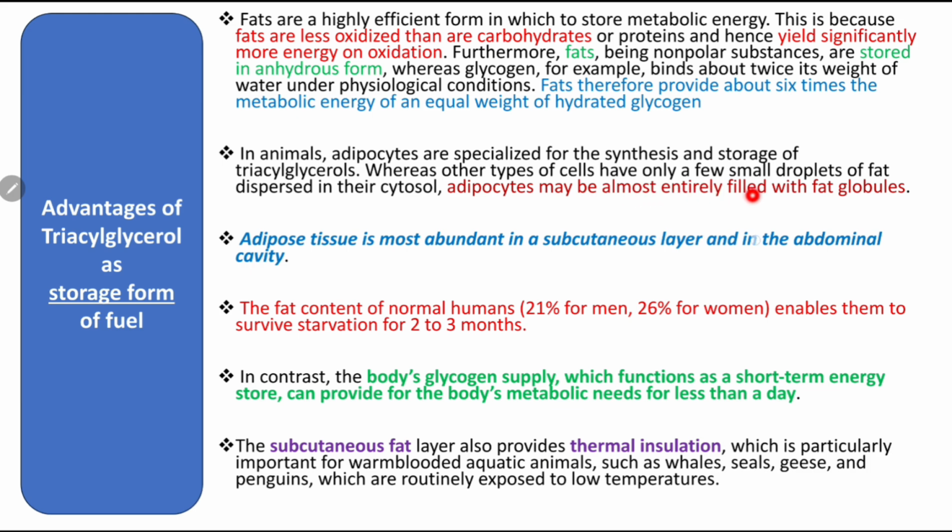Adipocytes may be almost entirely filled with fat globules. We'll see a photo of adipose tissue next. Adipose tissue is most abundant in the subcutaneous layer and in the abdominal cavity. The fat content of normal humans, about 21% body fat, is normal.